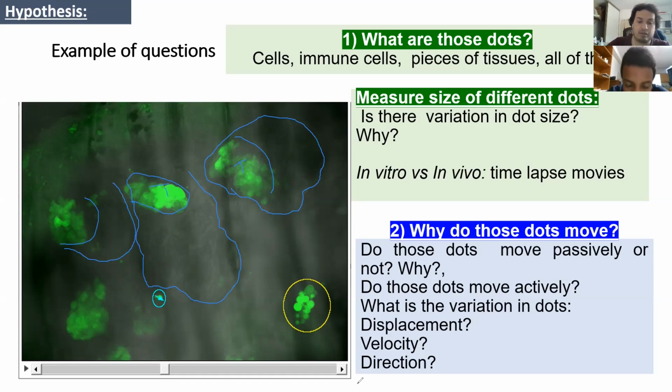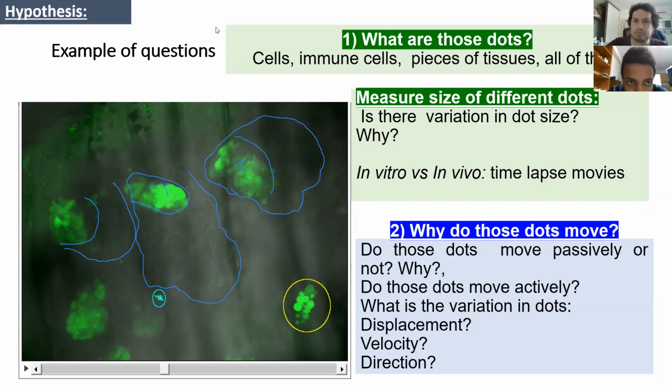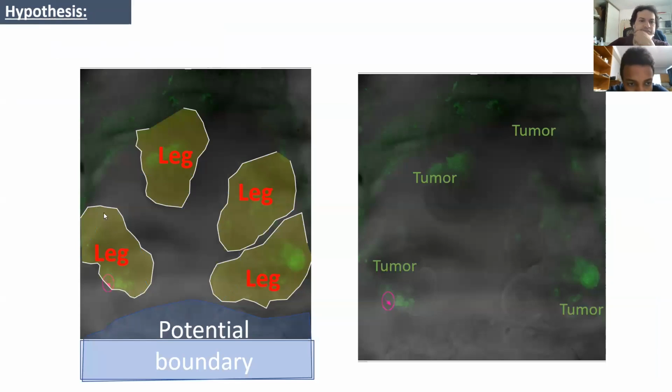Let me show you. Since this is like a blackboard, I have to delete everything after I go to the next slide. Look, this will look like the legs, and here is the other section without highlighting the legs.